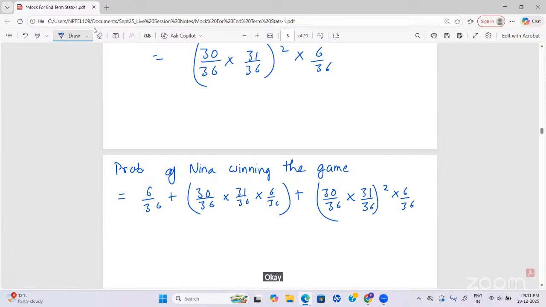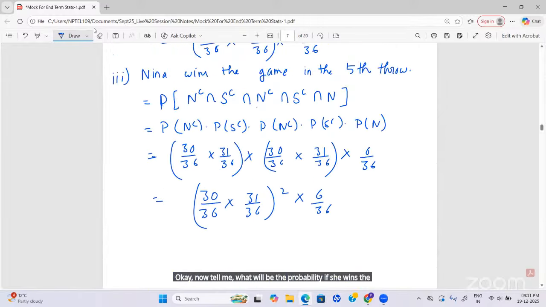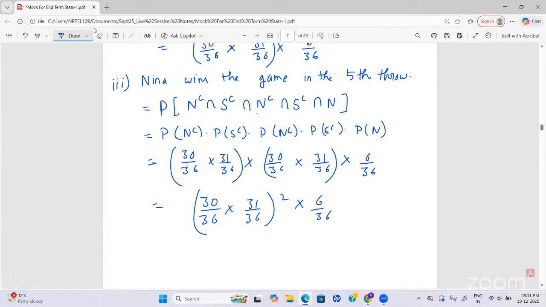Now tell me what will be the probability if she wins the game in the seventh throw? 30 upon 36 into 31 upon 36 to the power 3 into 6 upon 36. Yes, so it will become cube of it.